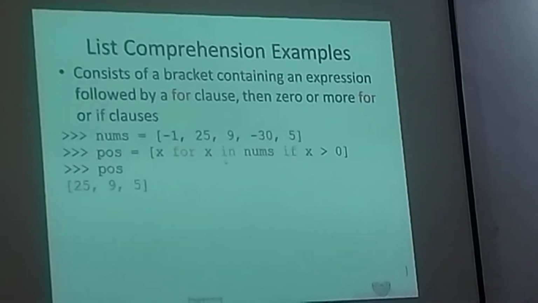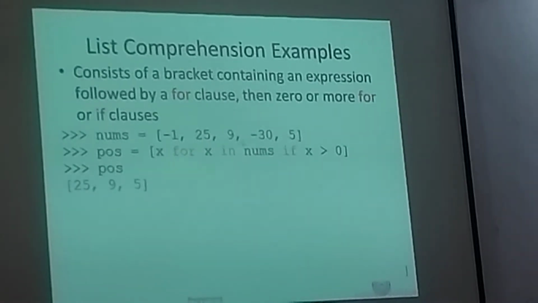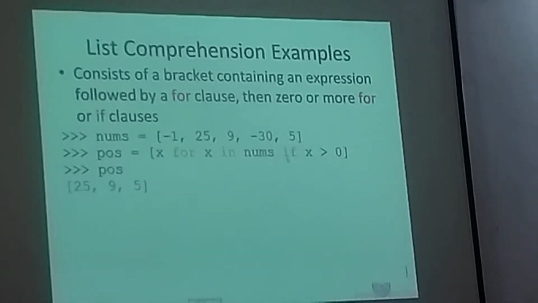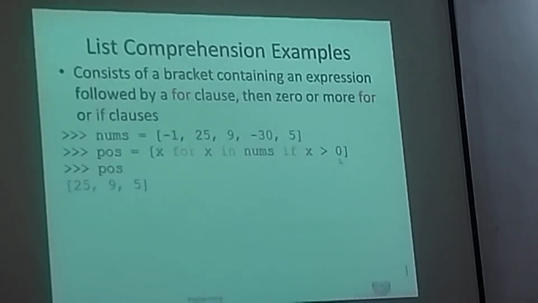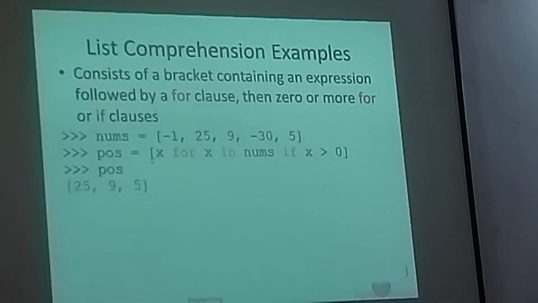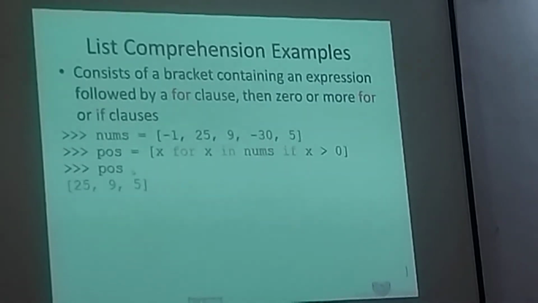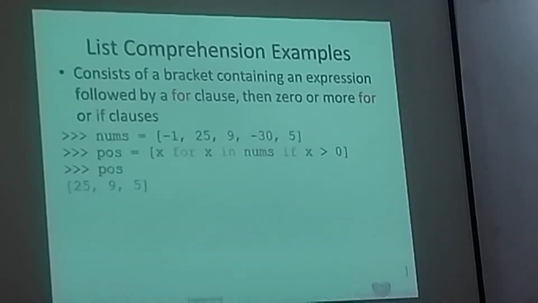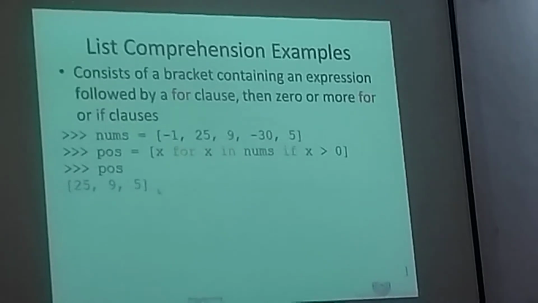What happens in this case is x gets bound to every element in nums, which is -1, then 25, then 9 and -30. However, the if clause filters out certain x's, so we are left with only those x which are greater than 0, and therefore if you print pos we get the values 25, 9 and 5.